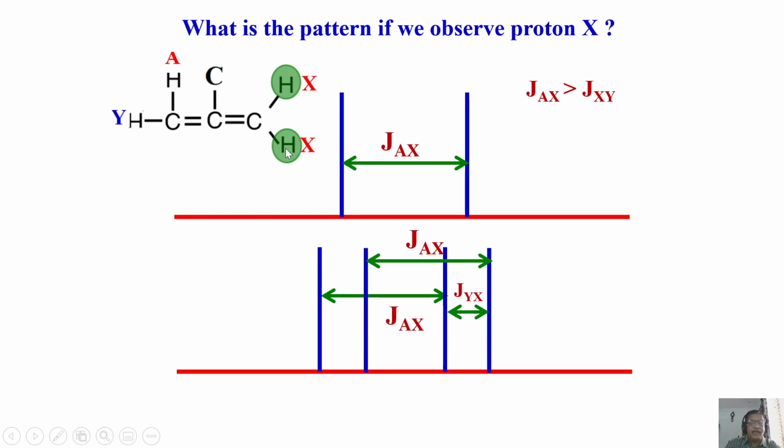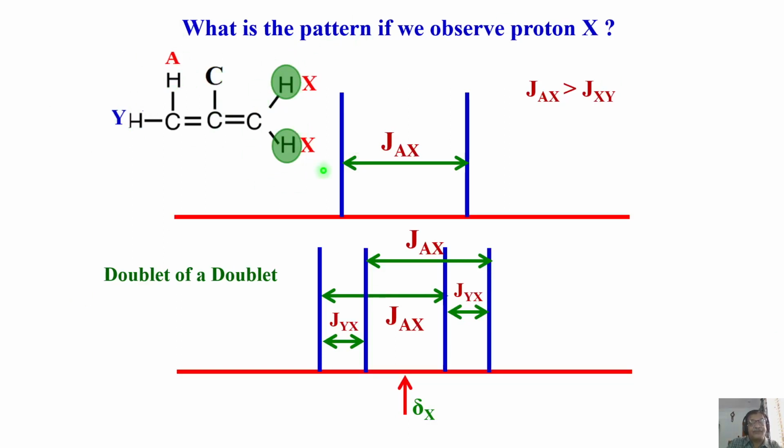This point is clear. Now, what do you call this pattern? Previously it was a doublet of triplets. Now it is a doublet of doublets, one doublet splitting into another. When I was looking at the previous proton, this was a doublet of triplets, and for the other proton also a doublet of triplets with a smaller triplet separation.